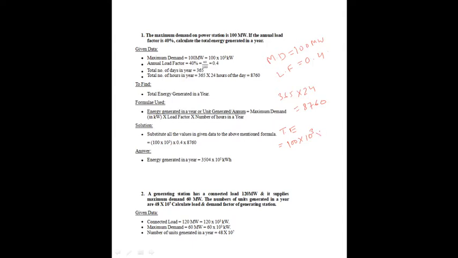Then we have to multiply with the load factor, that is given 0.4, and the number of hours in a year, 8760. Okay, if you calculate, it will come around 3404 into 10 to the 5 kilowatt hour.